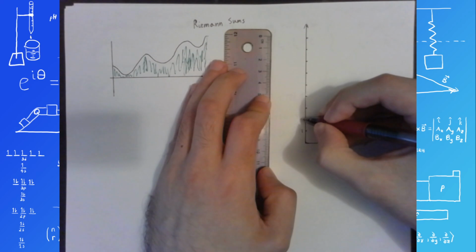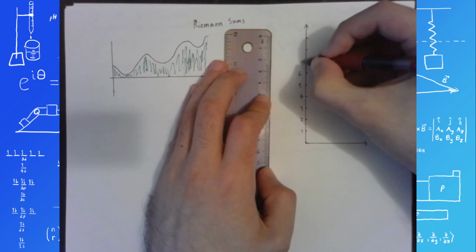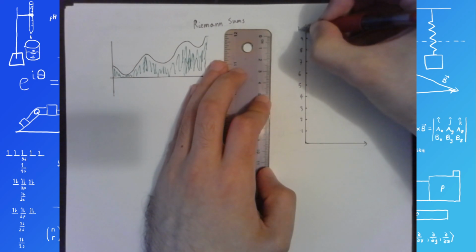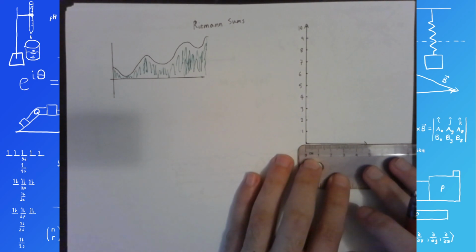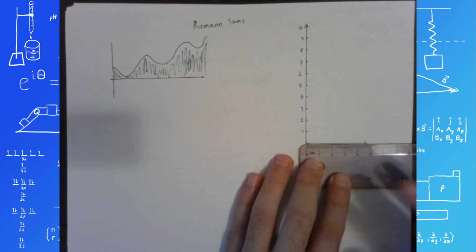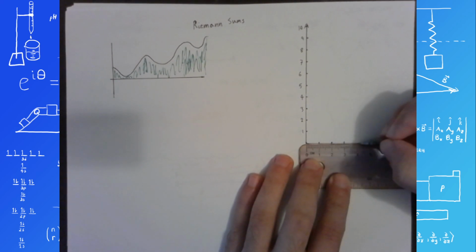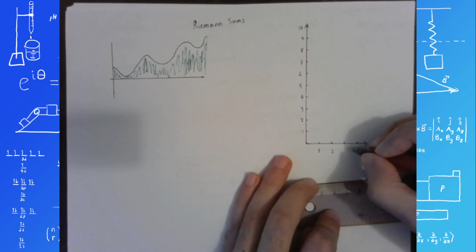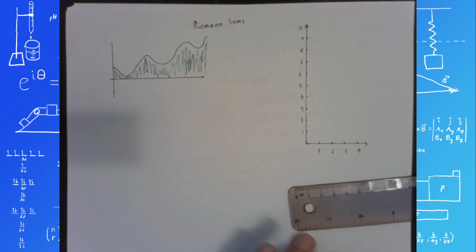Okay, 1, 2, 3, 4, 5, 6, 7, 8, 9, and then all the way up there should be 10. And then over here, I'll just do 1, 2, 3, and then 4 is going to be off of the page anyway, so I'm not even going to need to bother with it, but we'll mark it just for the sake of marking it. 1, 2, 3, 4.